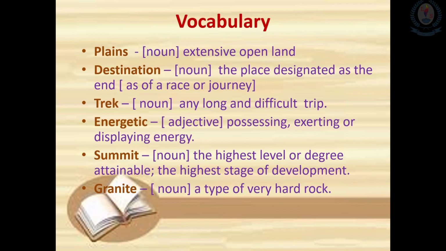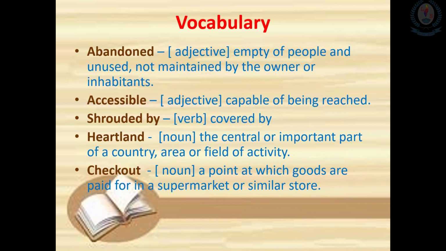Summit: the highest level or degree attainable, the highest stage of development. It is also a noun. Next one, granite: a type of very hard rock. It's a noun. Abandoned: empty of people and unused, not maintained by the owner or inhabitants. It's an adjective. Accessible: capable of being reached.